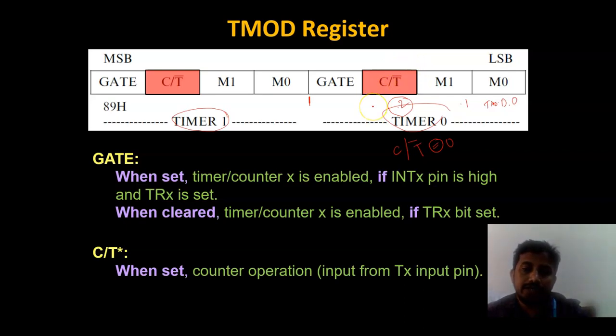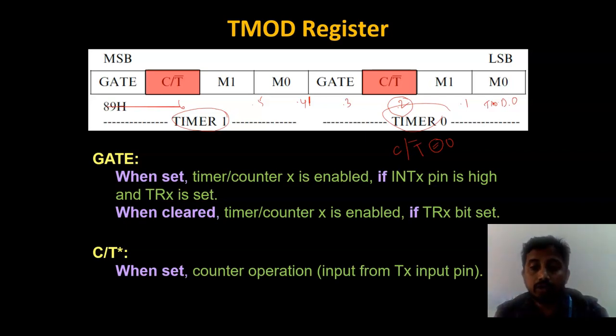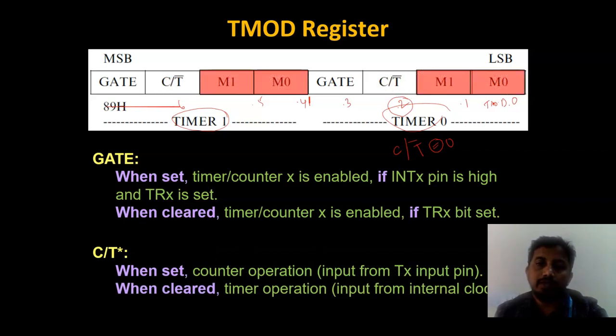If it is 0, it is a timer. Similarly, this is 3, this is 4, this is 5, and this is 6. If this T0 dot 6 is 1, it indicates a counter. If it is 0, it is a timer. So that would be defined in this one.